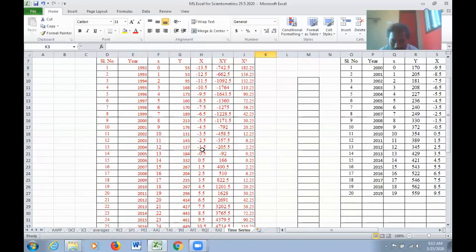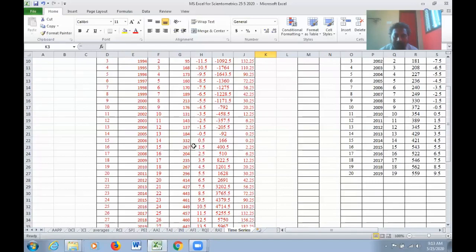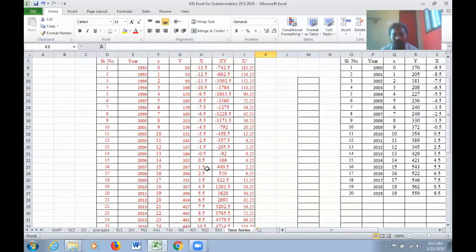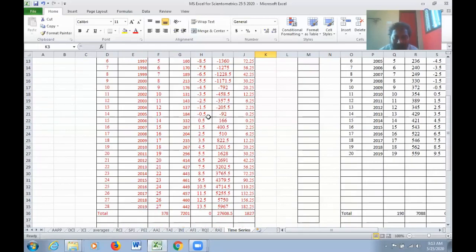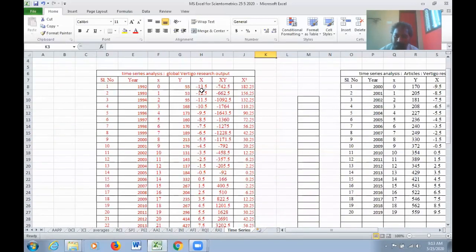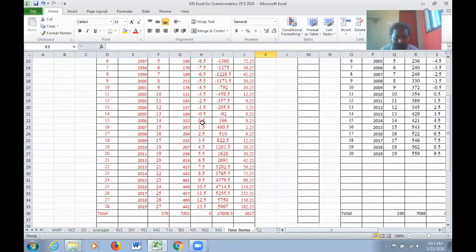Then 13th is minus 1.5, minus 2.5, minus 3.5, keep on increasing by 1. And from the 15th year onwards, you add 0.5, 1.5, 2.5. That means earlier years will have a minus symbol and later years will have a plus symbol. And if you see here, it starts from minus 0.5, it goes up to minus 13.5. In the later portion, it starts from 0.5, it goes up to 13.5. These are positive.